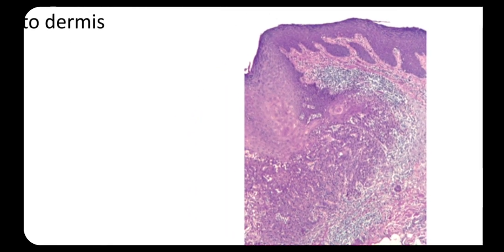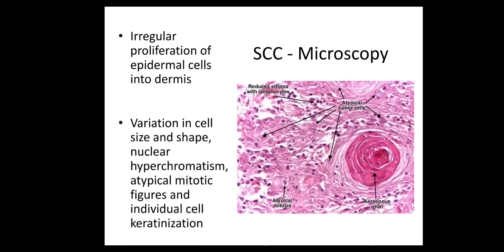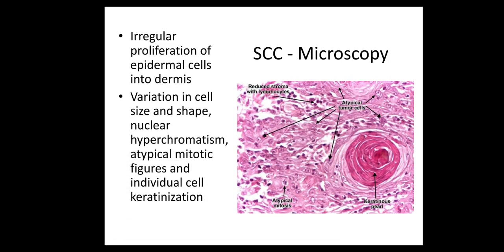It is not in a regular pattern, it is irregular, haphazardly they are proliferating and it goes down into the dermis. Typically you have to describe these cells. How are these cells? They are malignant cells, right?